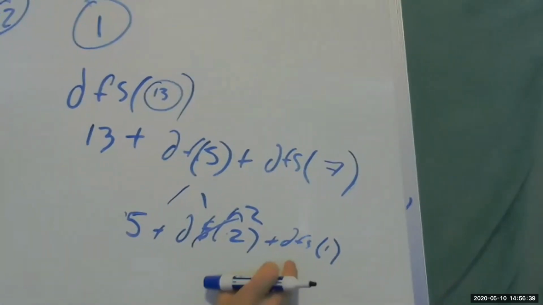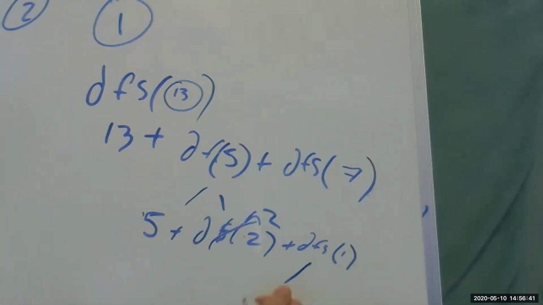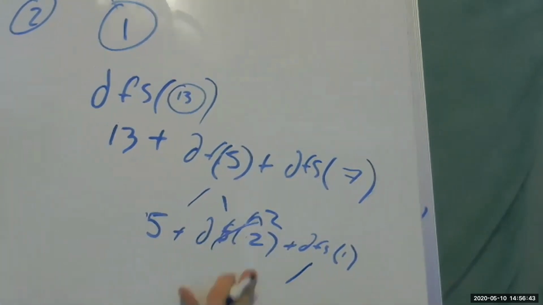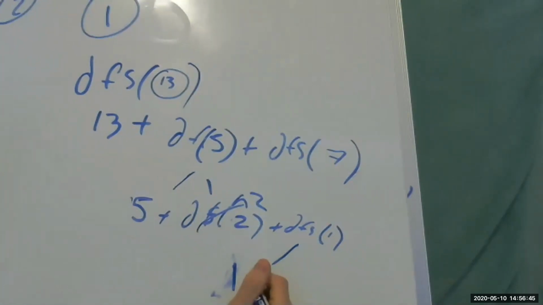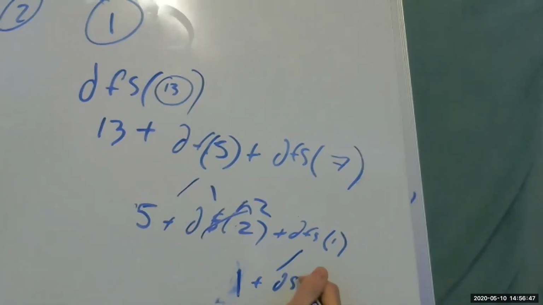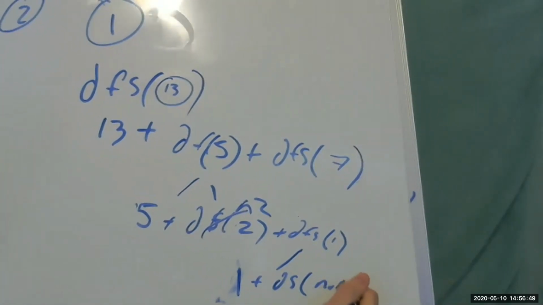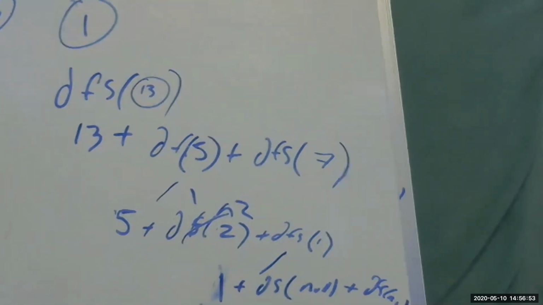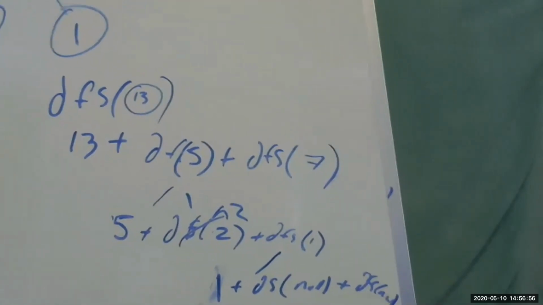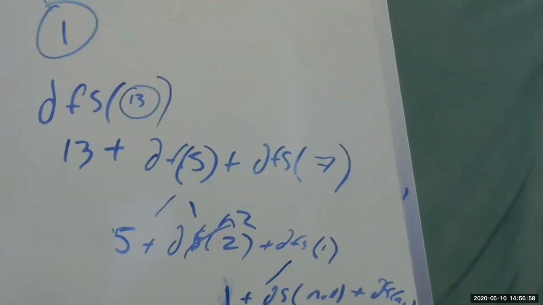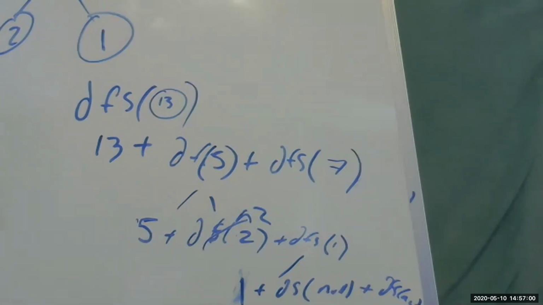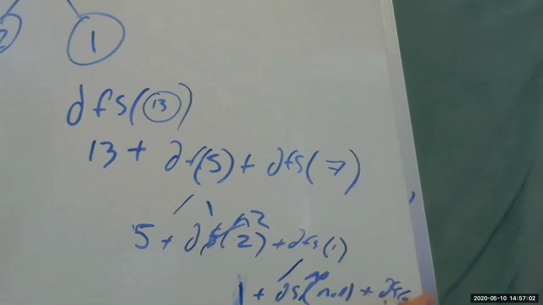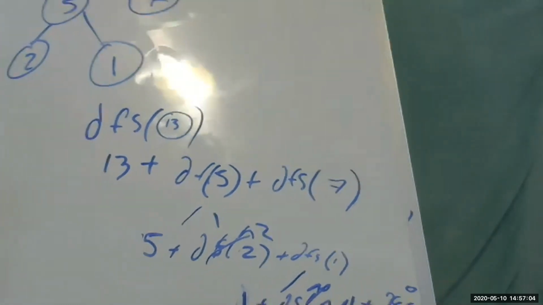Now we go down the right side of this call. We're on DFS of 1, which is the value 1, plus DFS of null, plus DFS of null, because 1 has no children. This evaluates to 0, and this one evaluates to 0, because those are null.